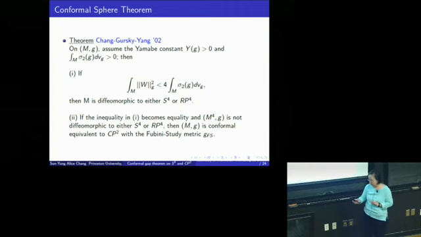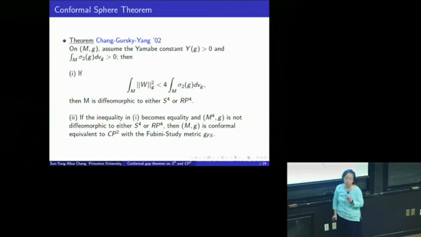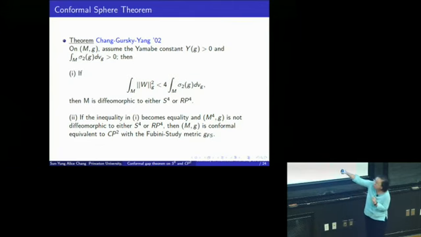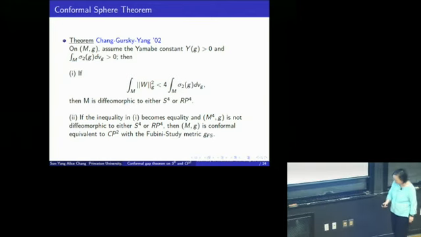That's because in my condition here, I already assume the integration of sigma 2 is greater than 0. S1 cross S3 turns out to be the only manifold in the class I consider which has integration of sigma 2 equal to 0. So this is the theorem.